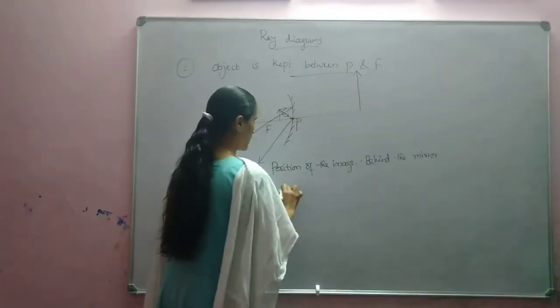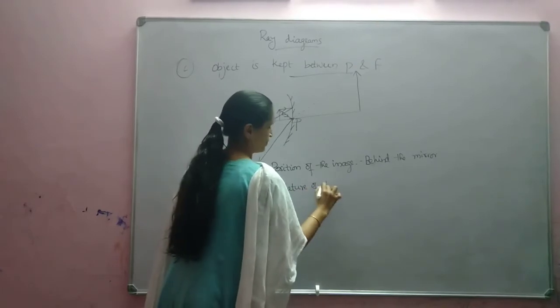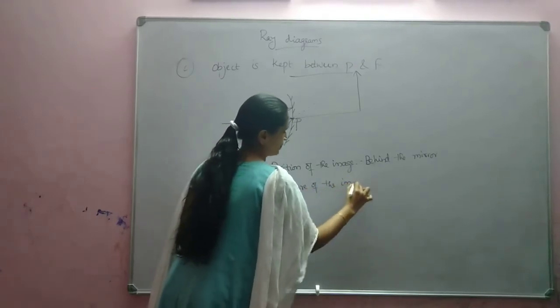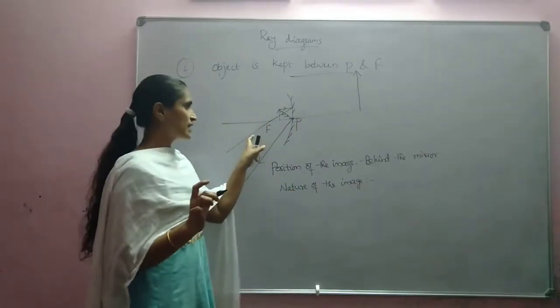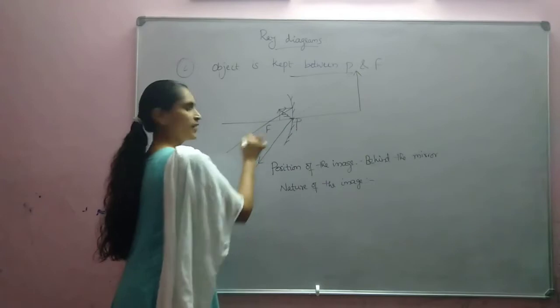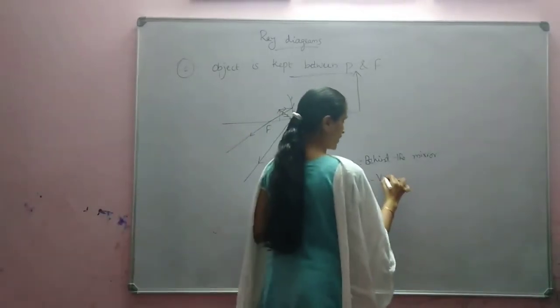Nature of the image: virtual and erect, because the rays are not actually meeting. So they are appearing to come. So we can write virtual and erect.